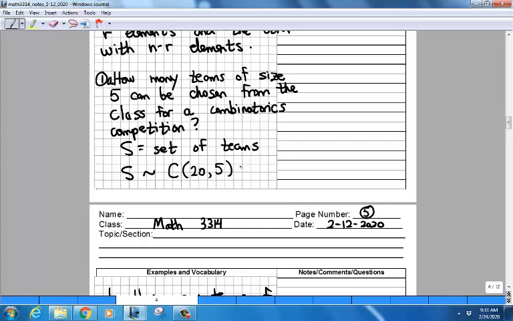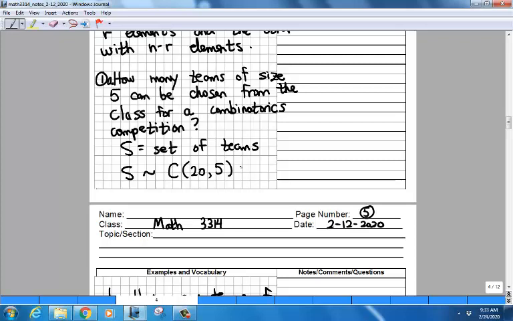Of course, what's the generic set of size 20 that we usually refer to? Well, it could be the class, but what's an even more abstract model for the class? The integer segment 20.